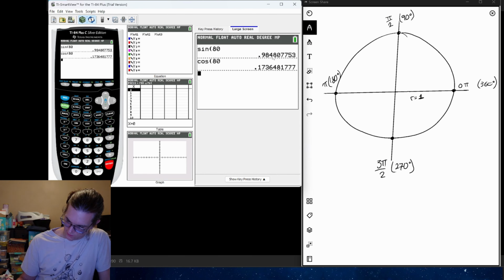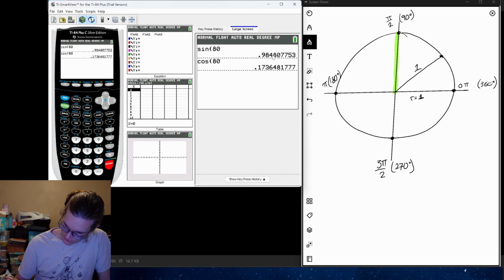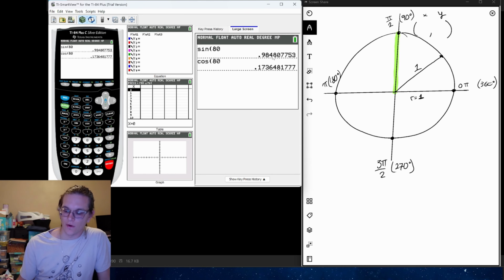If the radius is 1, that means that's 1, that's 1. So this distance right here is also 1. If the x and y coordinates are the distance to the left or right, and then the distance up and down or the height, well then this up here would make sense that it's 0 because you've traveled 0 paces east or west, and 1 because you've traveled the radius of this circle north to reach this point.